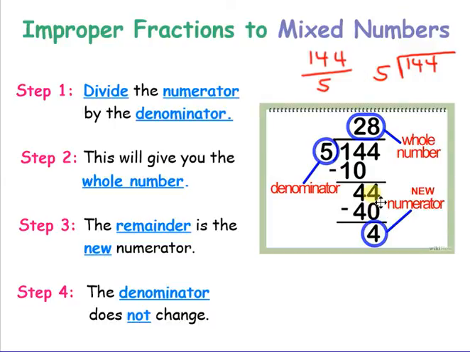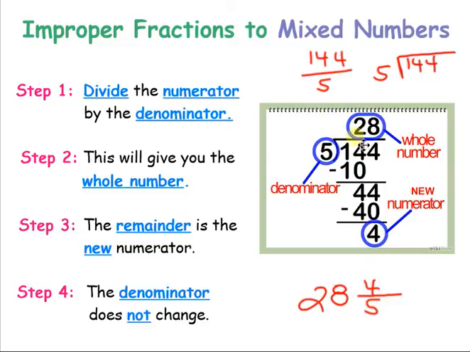Now, at the end of it, you're going to have an answer up top, and you're going to have a remainder at the bottom, okay? Your answer up top, in this case 28, is your new whole number in your mixed number. The remainder is your numerator, and you always keep from up here the same denominator, just like that.